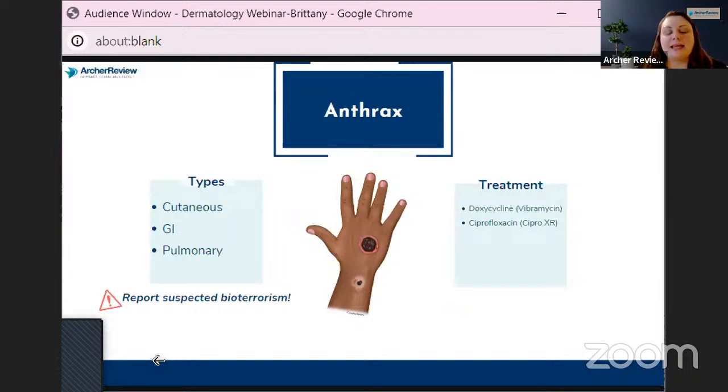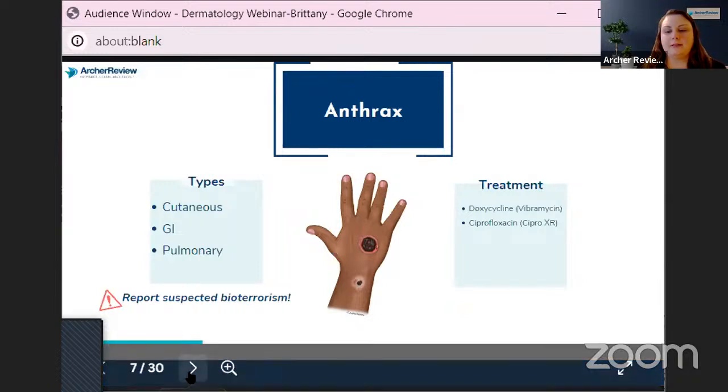And for cutaneous, they love to start the questions with a farmer or a veterinarian who comes into contact with animals and has a cutaneous lesion on their hand. When people are dealing with animals or even wool from animals, they can get cutaneous anthrax. That's going to be treated with doxycycline or another antibiotic for those. All right, let's take a look at our next one.